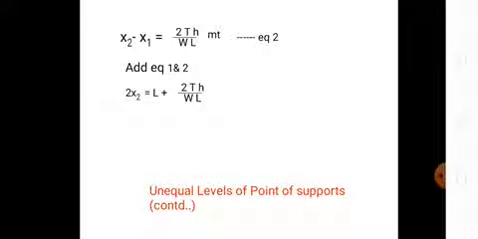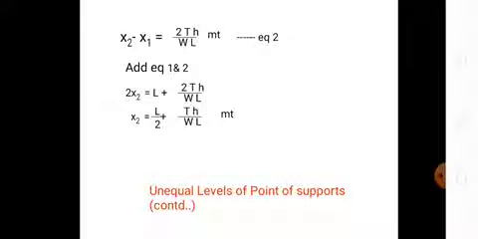From this we get the value of x2 is equal to L by 2 plus TH by WL, as the 2 gets cancelled. Now subtracting equations 1 and 2, we get the value of x1.